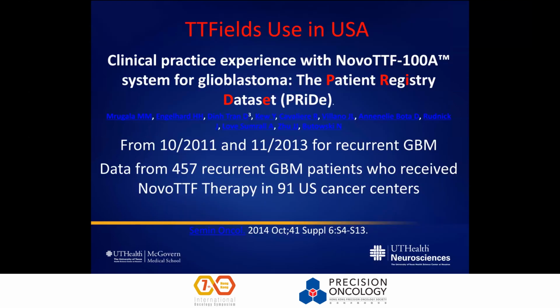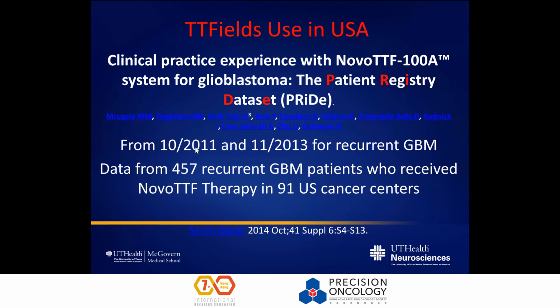Then, per FDA requirements, there are post-marketing registration studies. There are 2 studies of that. One is called the PRIDE data, a patient registry data set from October 2011 to November 2013 for all recurrent GBM, because the FDA approval was in 2009 and the initial treatment was just beginning.